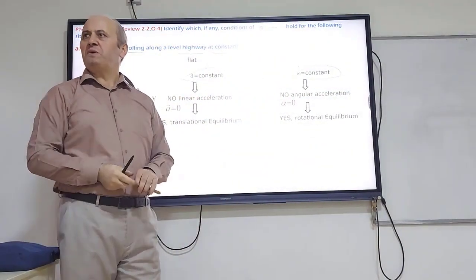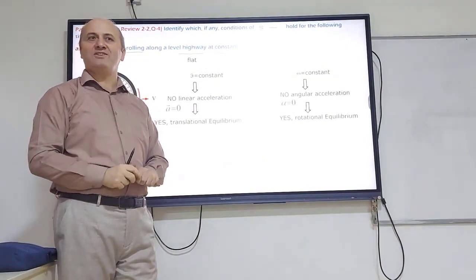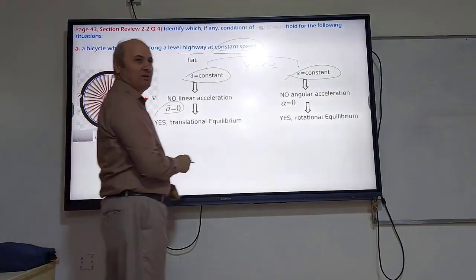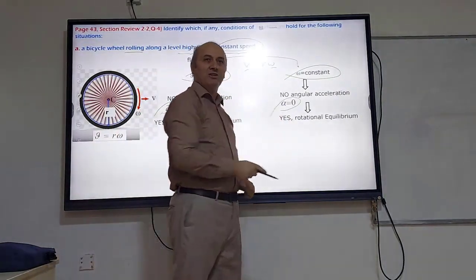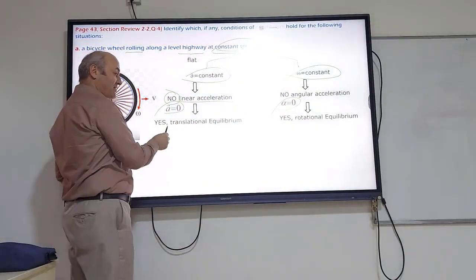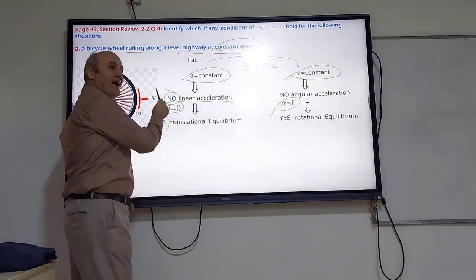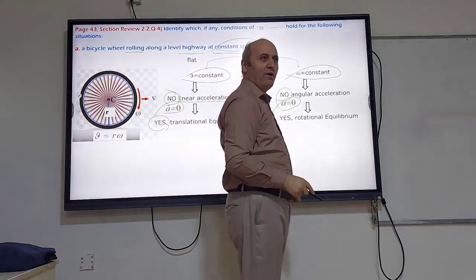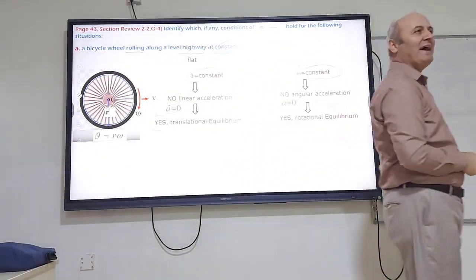If speeds or velocities are constant, accelerations are zero. Zero linear acceleration, zero angular acceleration. So linear acceleration is a no, translational equilibrium is a yes. They are always opposite. Angular acceleration is a no, rotational equilibrium is a yes.